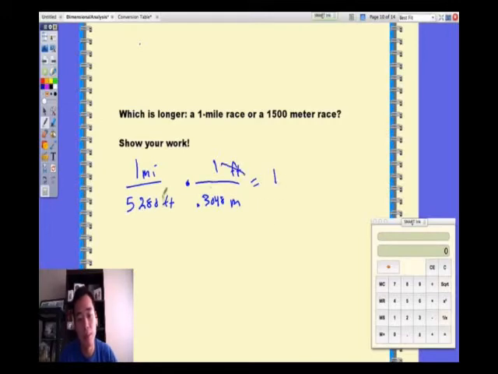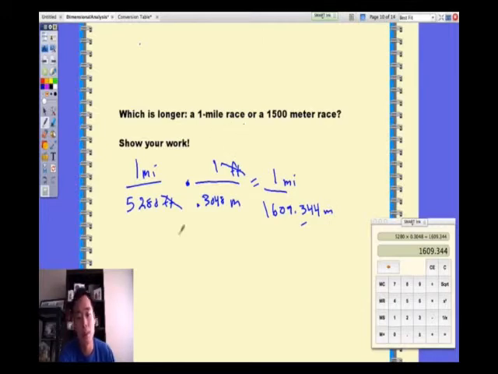Feet cancels out with feet. What's left is 5,280 times 0.3048, and that gives me 1,609.344. So what does this number mean? This number means that every 1 mile is equivalent to 1,609.344 meters.